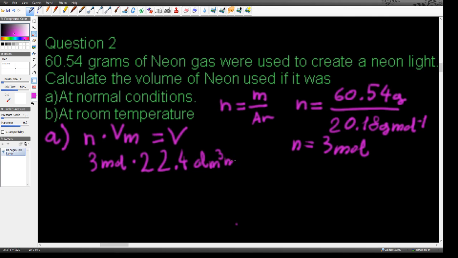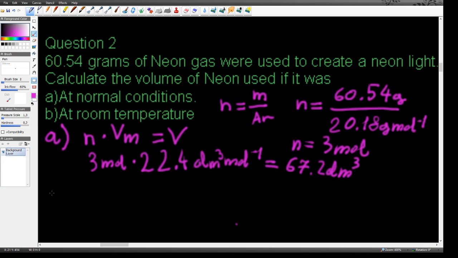The moles will cancel because we've got mole and per mole, and so our answer will come out just in terms of decimeters cubed. So the number is 67.2 decimeters cubed. It's a bit larger than I thought, actually.